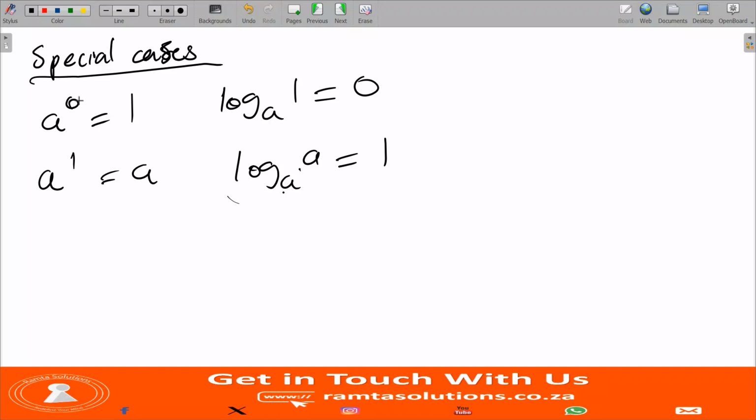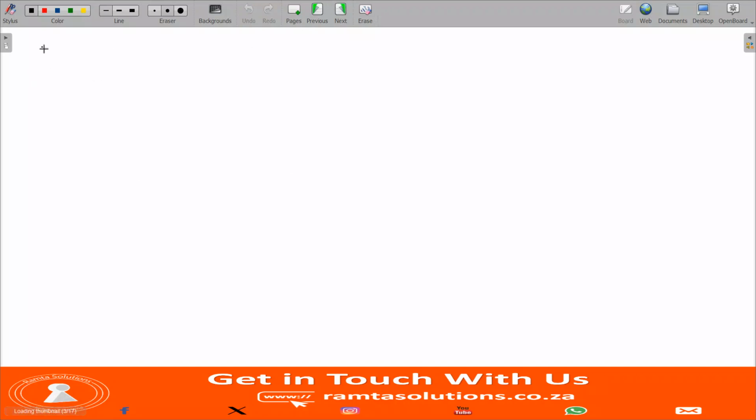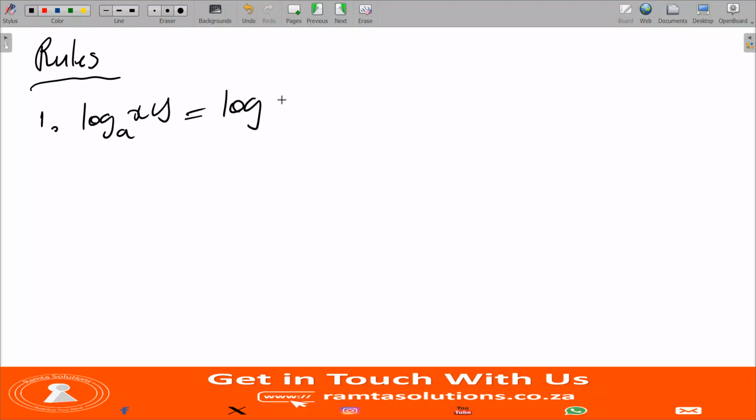Now, logarithms have rules. You don't need to know them by order, but knowing them is good. Rule 1 will be log xy base a, which is similar to saying log x base a plus log y base a.